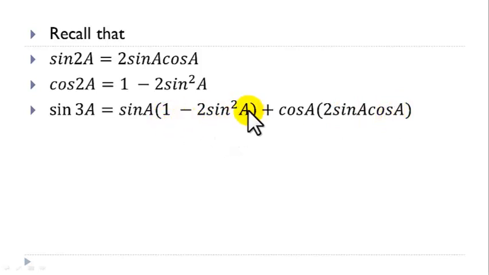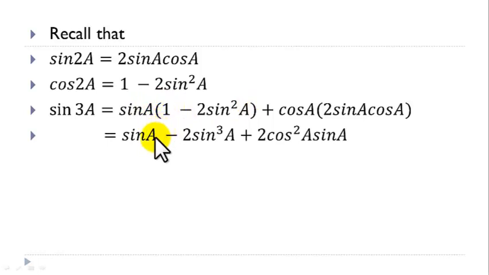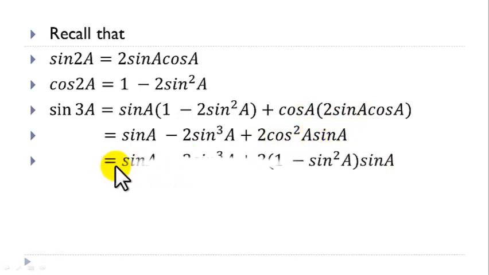Let us open this bracket to obtain sin a times 1 is sin a. Sin a times minus 2 sin squared a is minus 2 sin cube a, plus cos a times cos a will give us cos squared a, then times 2 sin a will give us 2 cos squared a sin a. And this is equal to sin a minus 2 sin cube a plus cos squared a, which is equal to 1 minus sin squared a, then times 2 sin a.